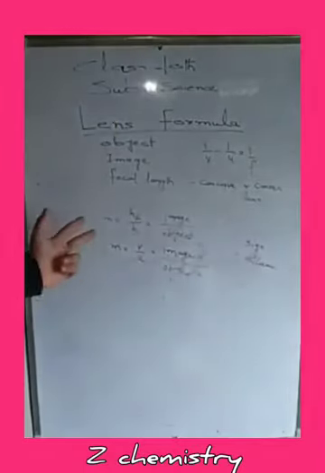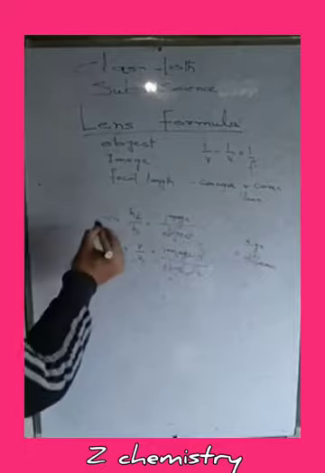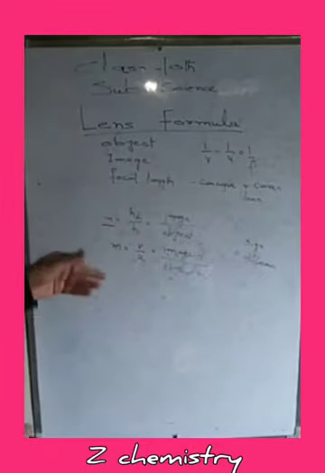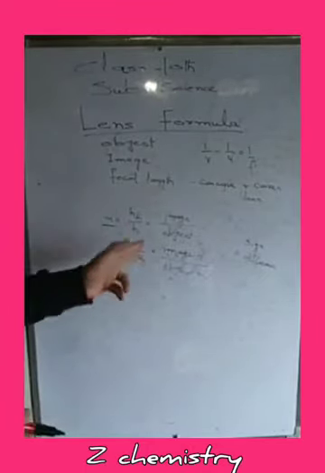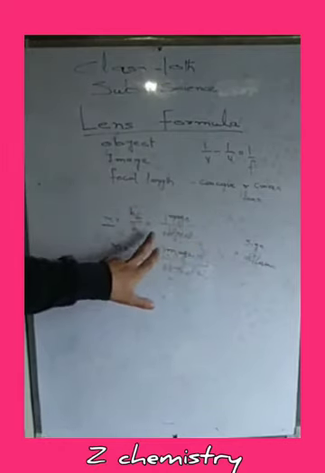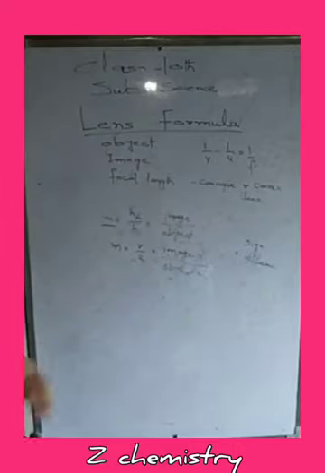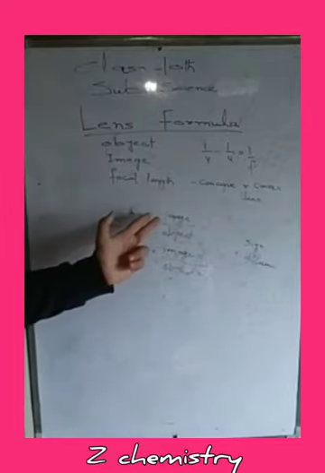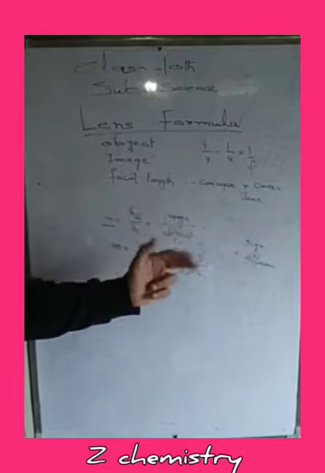This magnification is shown by letter M. It is equal to h2 divided by h1, which is equal to image distance divided by object distance, or the image height divided by object height.